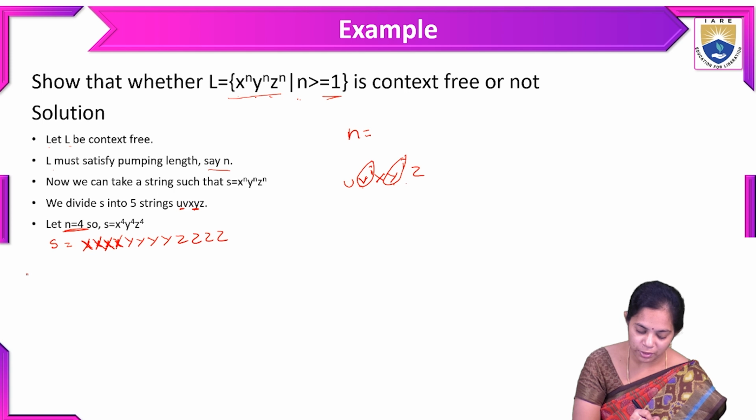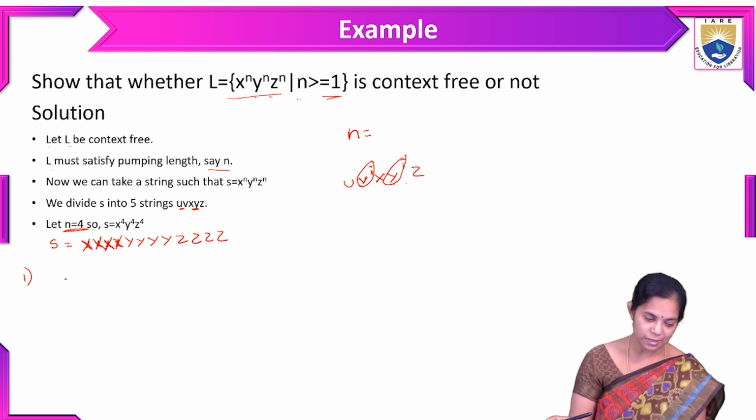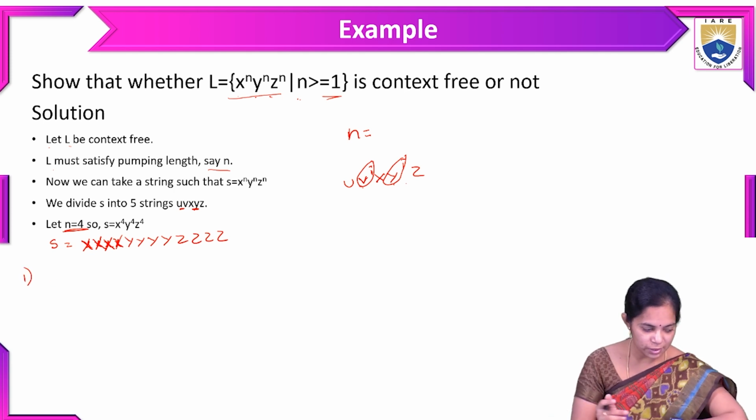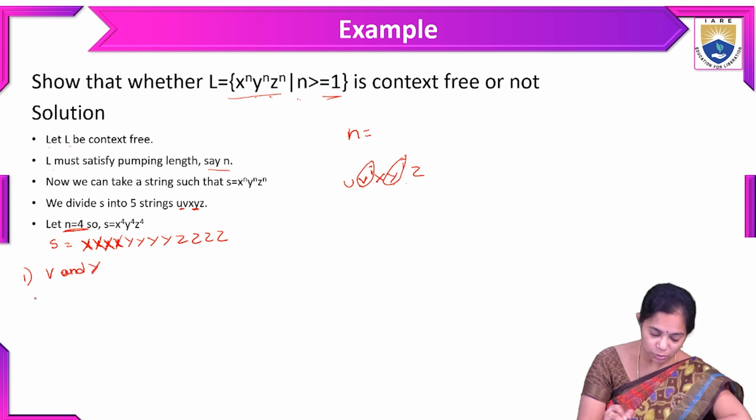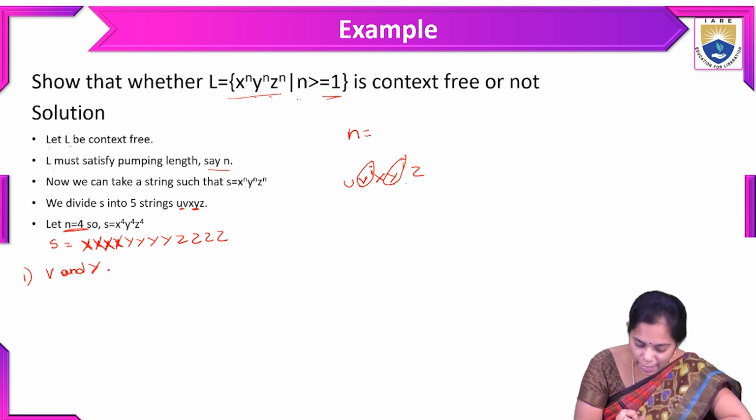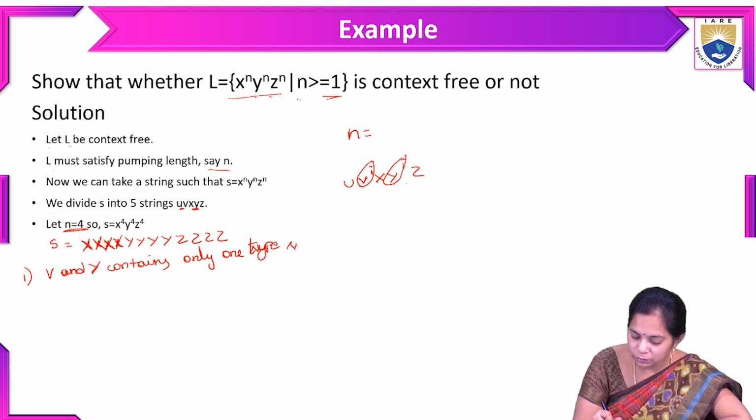In the first case of this example, we take v and y as the two important values. V and y contain only one type of symbol.